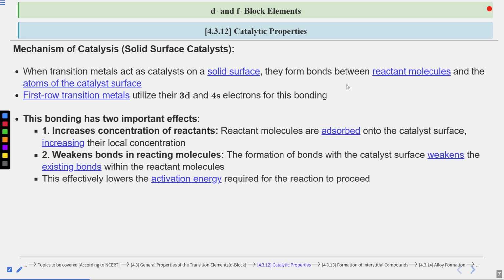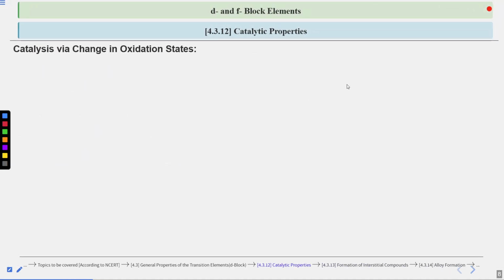If the minimum energy needed to start a reaction is lower, the reaction will start more readily, so the reaction will proceed at a higher rate.